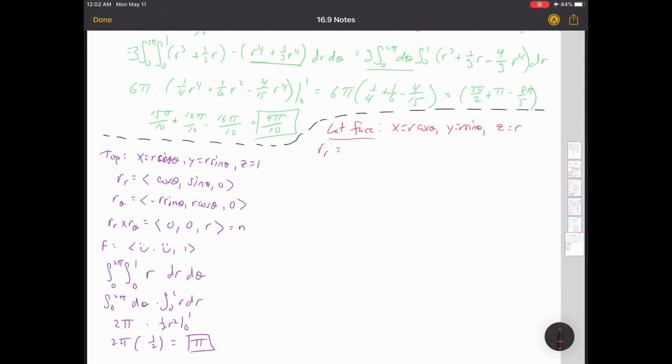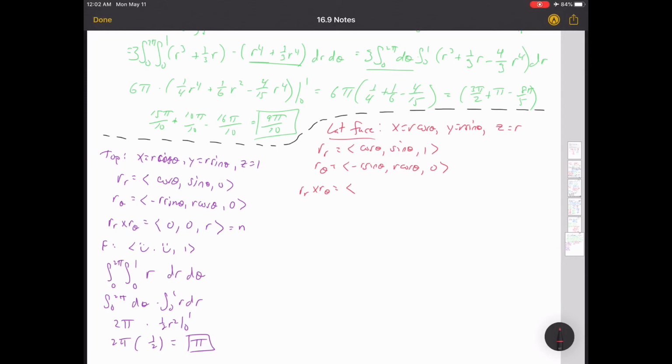So let's go ahead and figure this thing out. R sub r is going to be cosine theta, sine theta, 1. Slightly different than what we had before. R sub theta is negative r sine theta, r cosine theta, 0. Alright, this one will give us something different for our cross. So r sub r cross r sub theta.